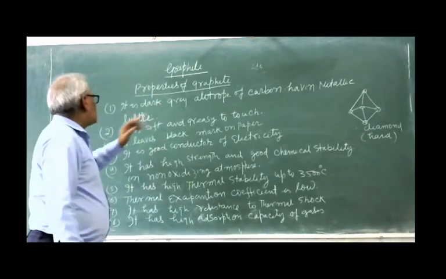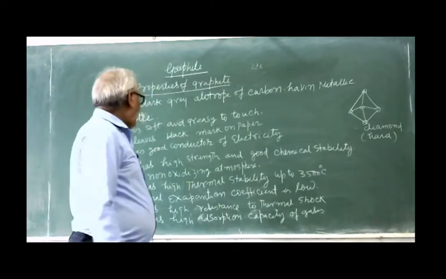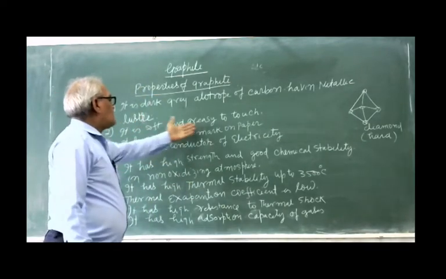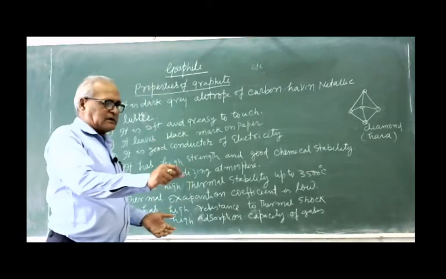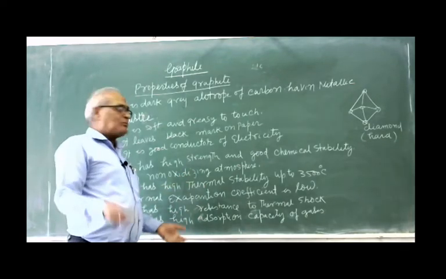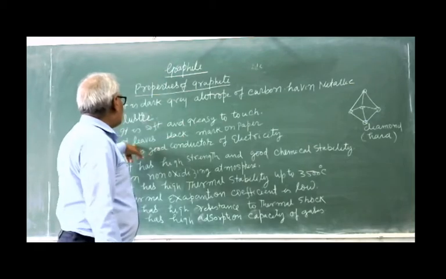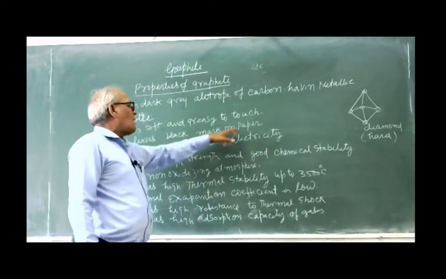So it is soft. It is greasy. As we know that when we write anything on the paper, it leaves a black mark. So pencil leaves a black mark. So we say that graphite can also leave black mark on the paper.